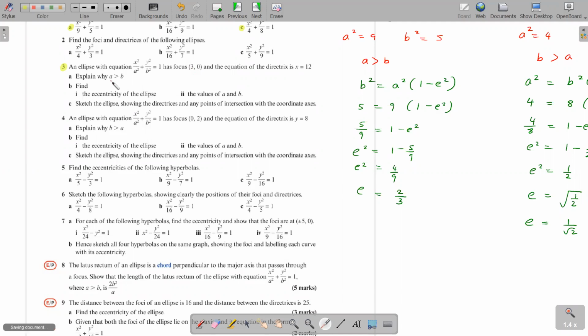Do you understand? Write down: the foci are on the x-axis, therefore a is greater than b.